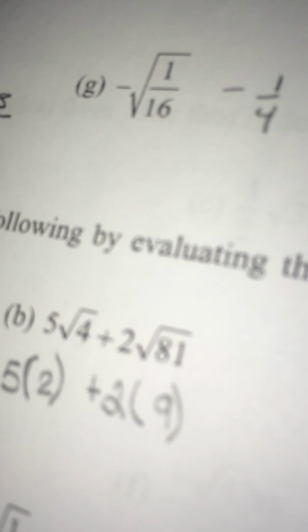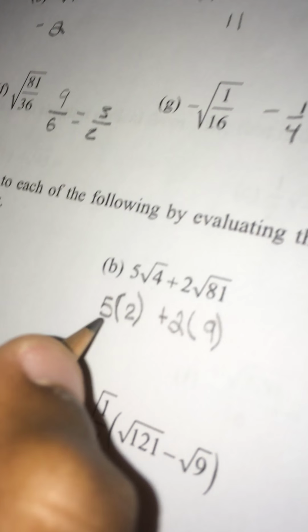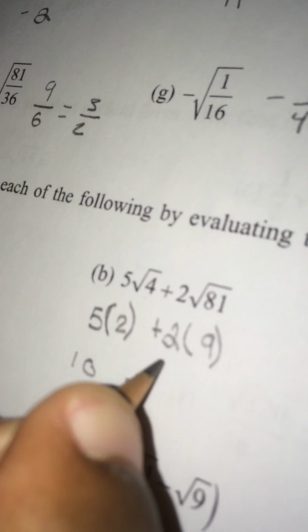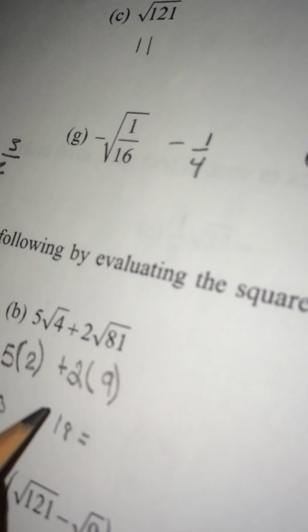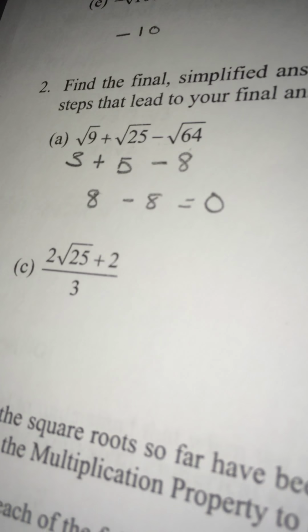Now let's add. 5 times 2 is 10, plus 2 times 9 is 18, which will all equal 28. You guys understand so far? Hope you do.